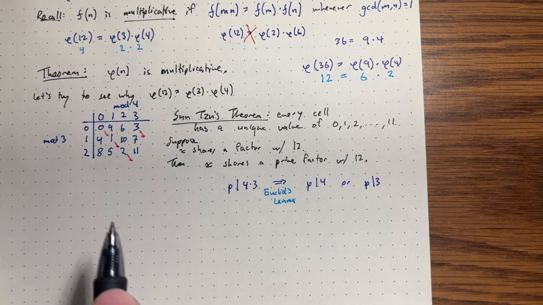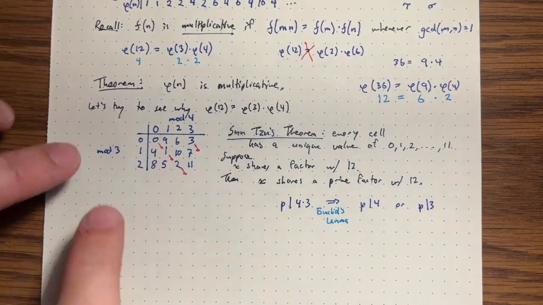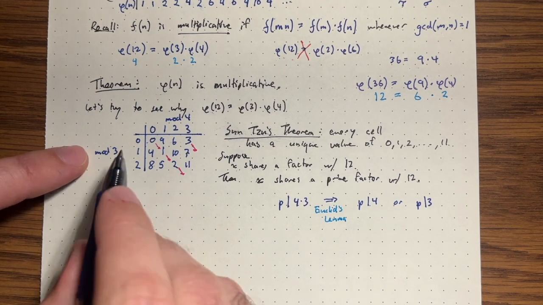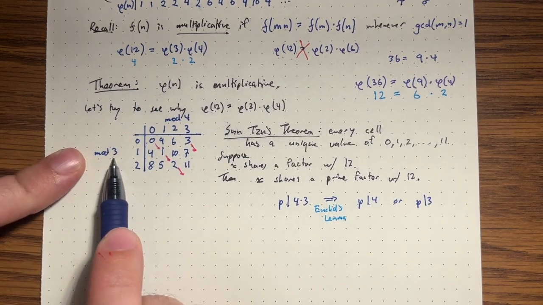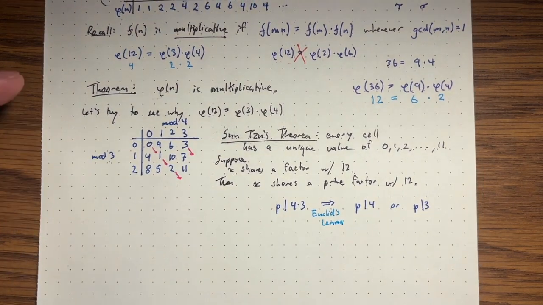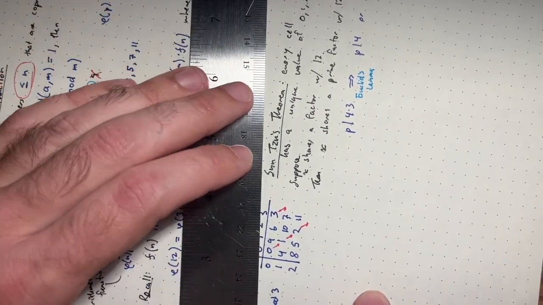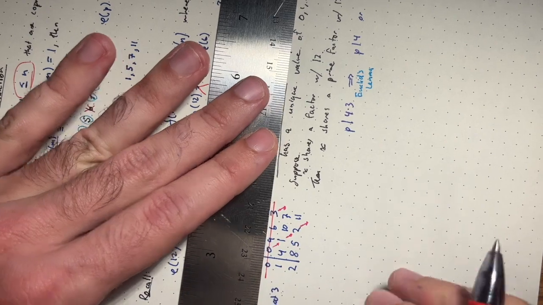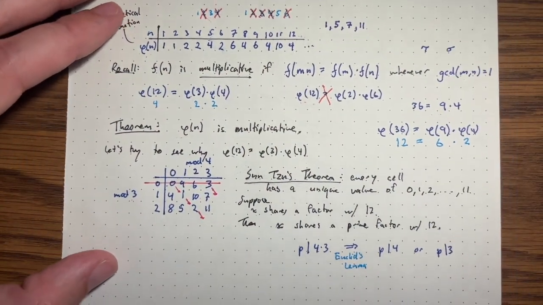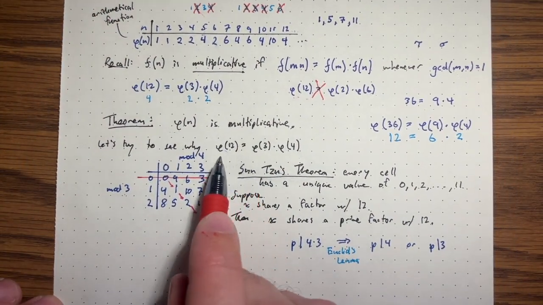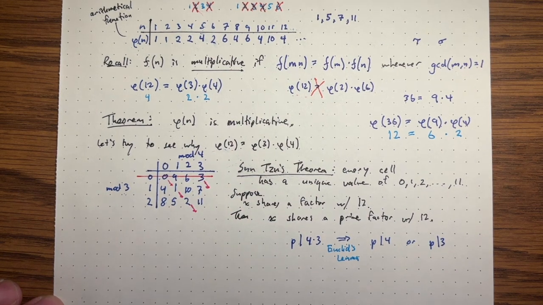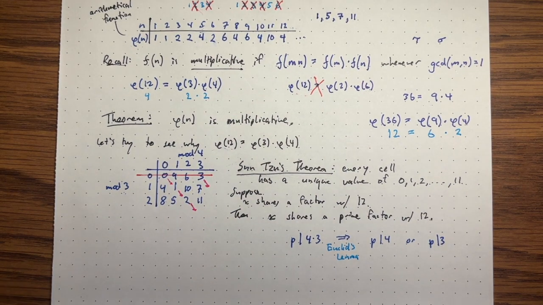But we can see in this table, where, let's take the mod 3. So if I share a factor with 3, well 3 is prime, right? So the only way I can do that is if I'm 0 mod 3, if I'm divisible by 3. Let's cross those out. We're going to eliminate all of those. I want to count the things that are relatively prime to 12, that don't share a factor with 12.